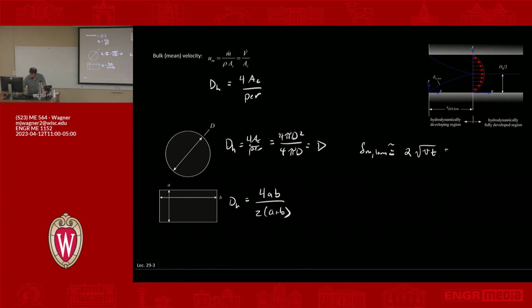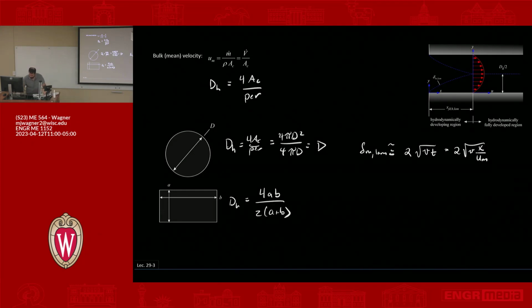Applying that to a steady problem with flow, that becomes 2 square root of nu times x over u_m, our mean velocity here. Just be careful: we're talking about an internal flow, so you always want to reference the mean condition. The same thing goes for temperature: we'll stop using T infinity, and it becomes the bulk mean temperature. That's our growth model.